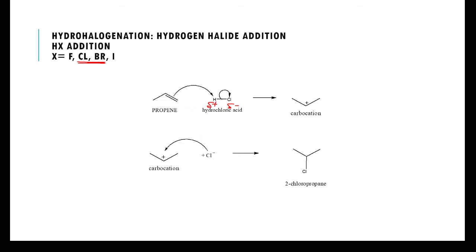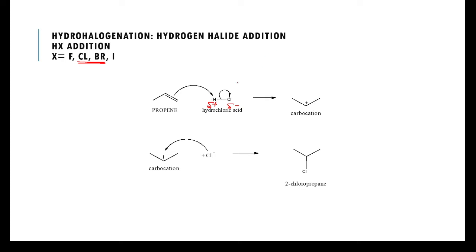The pi-rich area is going to attack the partial positive. That's key, because my electron-rich area in an electrophilic addition reaction is going to look for something positive. So I need that polar covalent bond there.